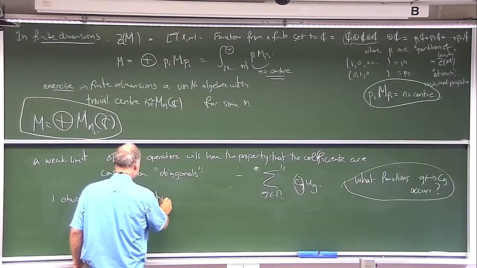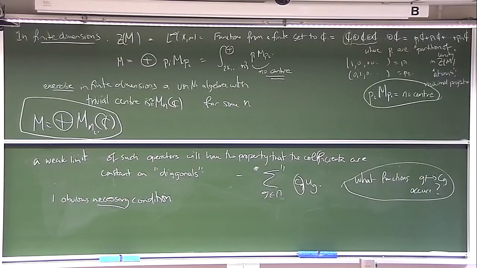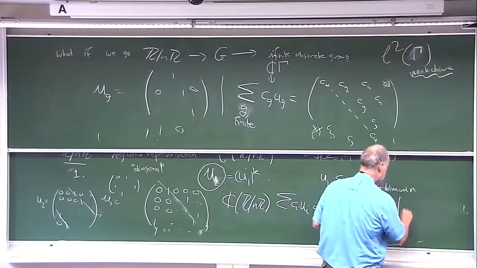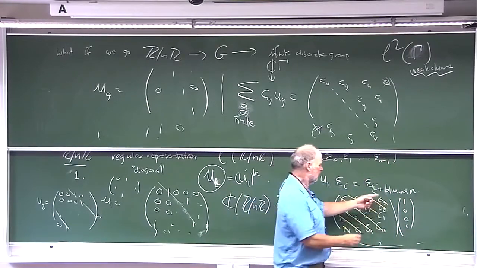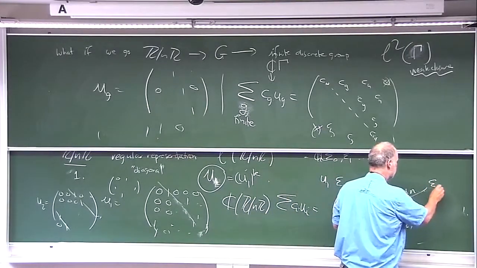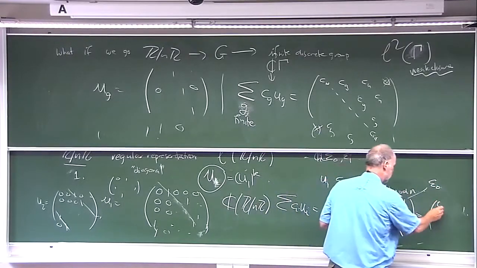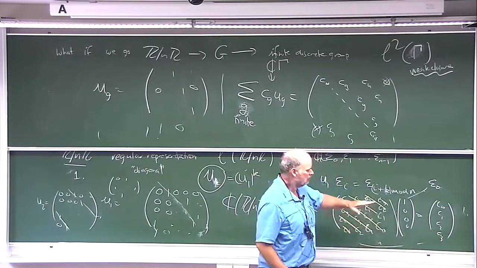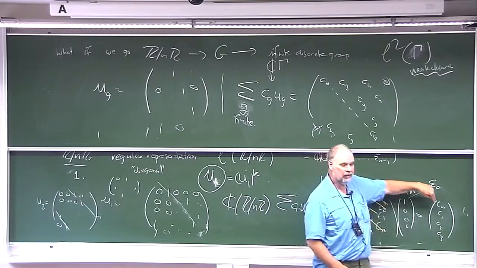Let's go back to the cyclic group case, a very simple case in finite dimensions, and we'll take this matrix and we'll apply it to the vector 1, 0, 0, 0. This is, if you like, epsilon 0. What happens to this vector? Well, obviously we get C0, C1, C2, C3. So when we apply the matrix to this particular vector, we see the function just coming out.